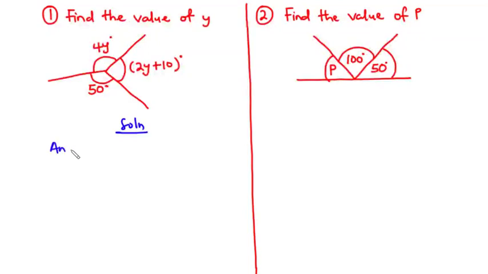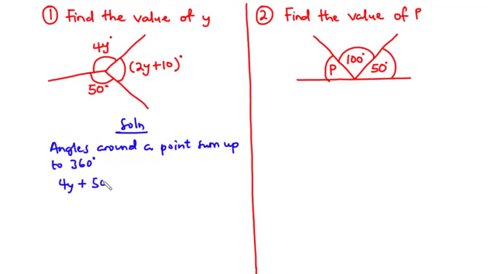So angles around a point sum up to 360 degrees. Therefore, we have 4y plus 50 plus 2y plus 10 equals 360 degrees.